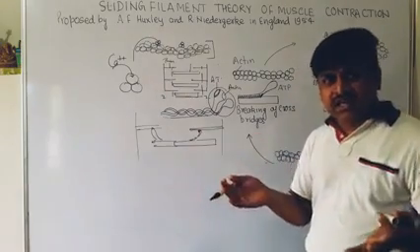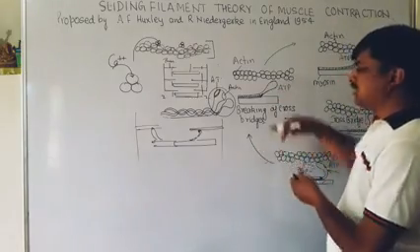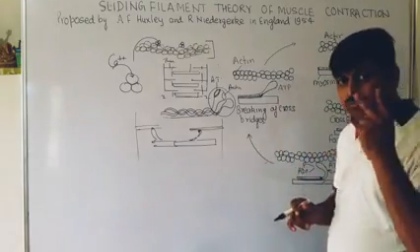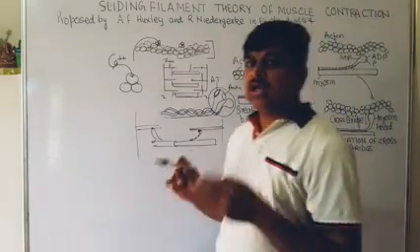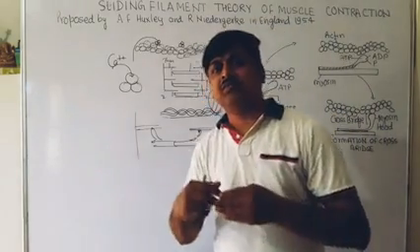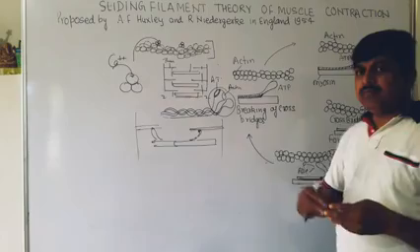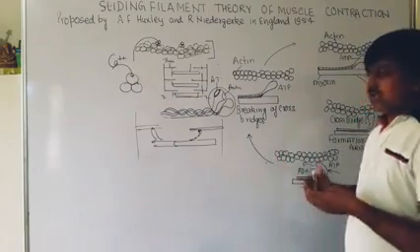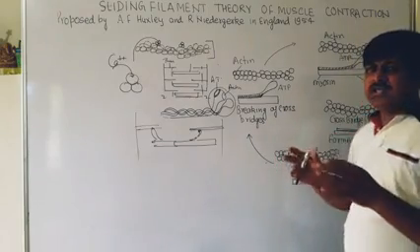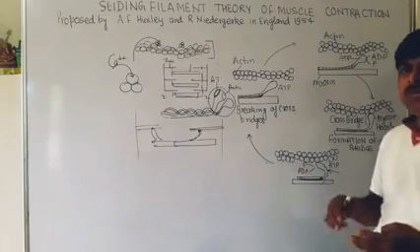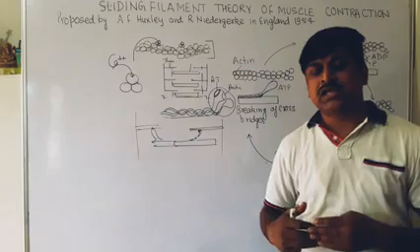The energy which is released is utilized to break this bridge. So two molecules of ATP are required, one for formation of the bridge, and another ATP for detachment, clear student. So this was the simple mechanism of muscle contraction.